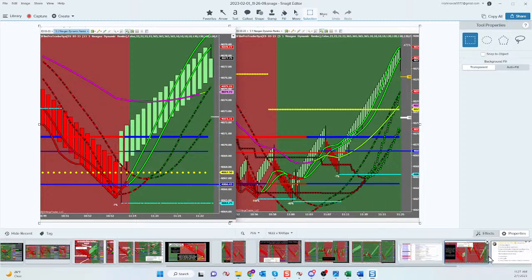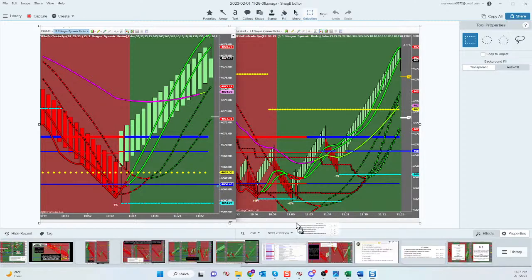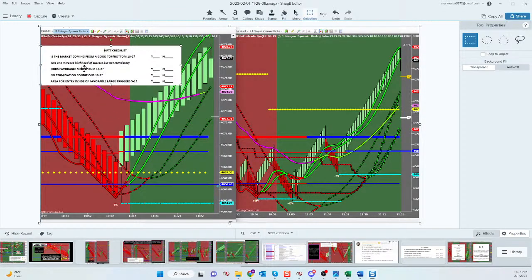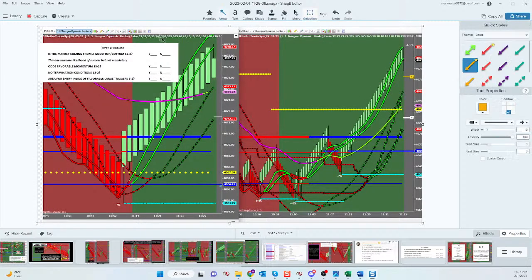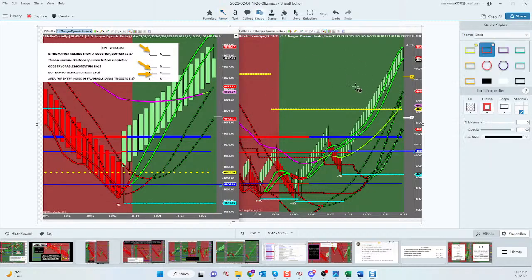Guys, this is a pre-trade picture. Is the market coming from a good bottom? Yes. Odds favorable? Yes. No terminations? Yes. Area for entry inside of favorable large triggers. Look at that window right there where the market's likely to continue.